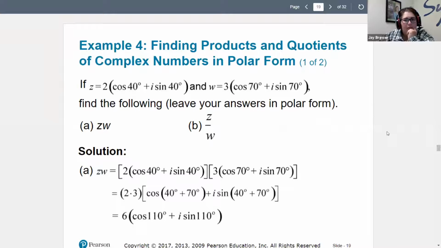All right. So, finding products and quotients of complex numbers in polar form. The first thing you want to do is go through and actually replace the complex form with the polar form. And then you're just going to complete the operation.